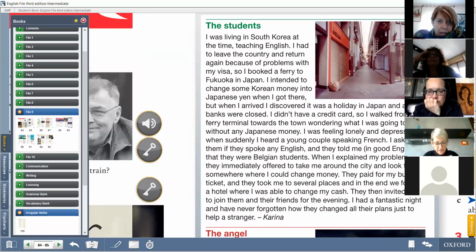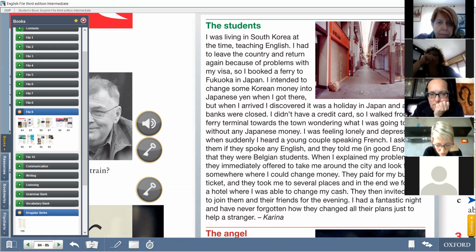I was living in South Korea at the time, teaching English. I had to leave the country and return again because of problems with my visa. So I booked a ferry to Fukuoka in Japan.